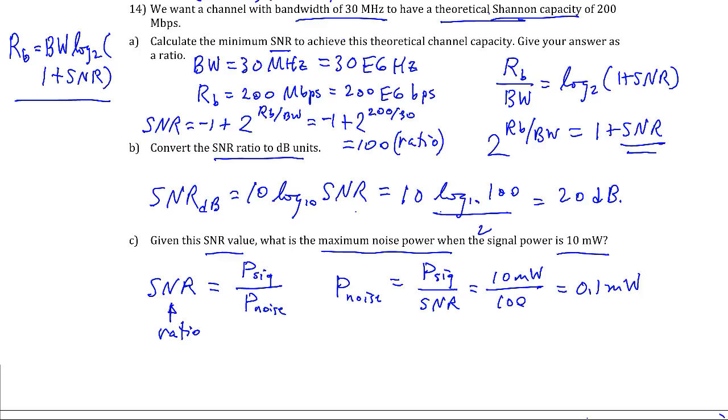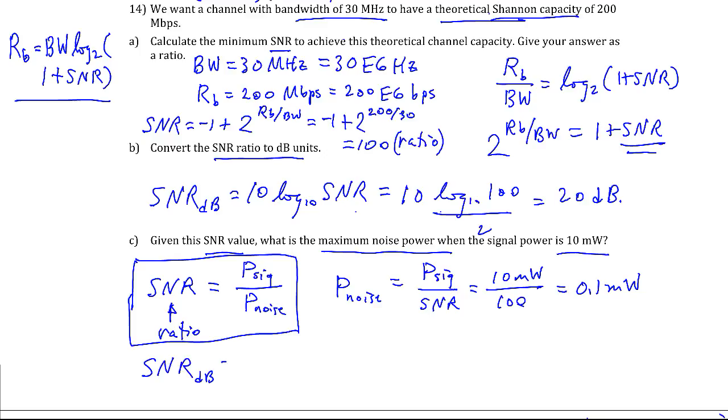That's how you can solve this equation using the signal-to-noise ratio as a ratio. If we want to do it in decibel units, the SNR in dB is the power of the signal in dBm minus the power of the noise in dBm. And 10 milliwatts, if we convert that into dBm, is 10 dBm.